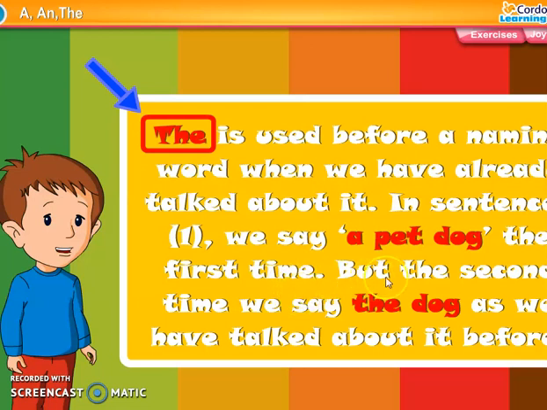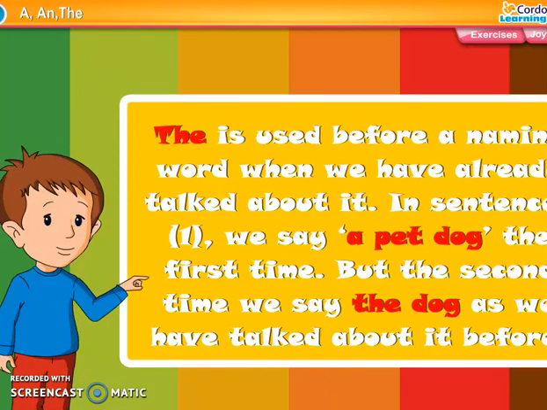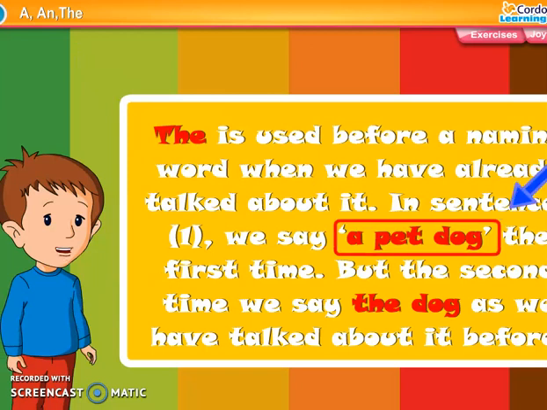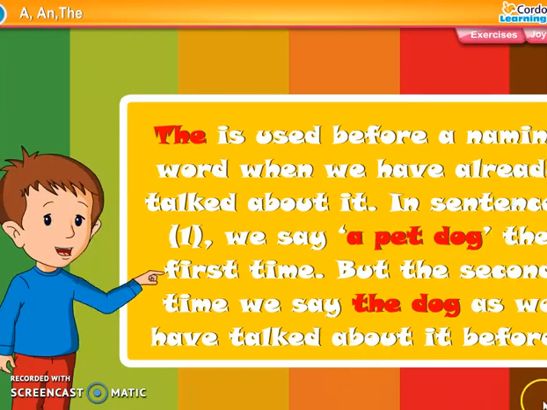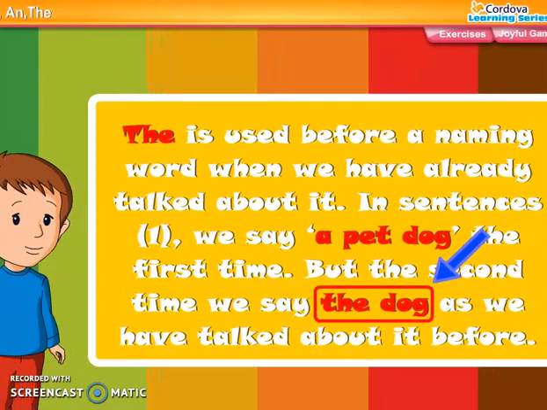The. But the second time we say the, as we have talked about it before. We have already talked about it. In sentence 1, we say a pet dog the first time. But the second time we say the dog, as we have talked about it before.